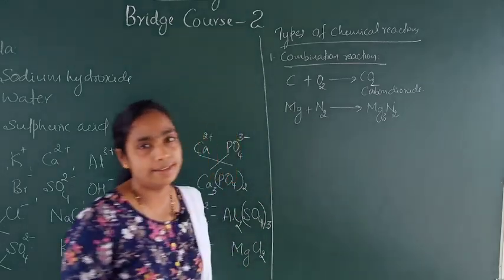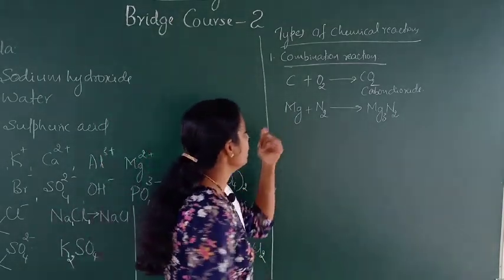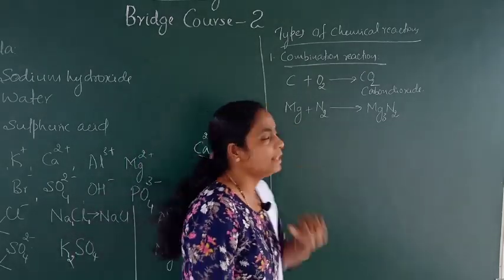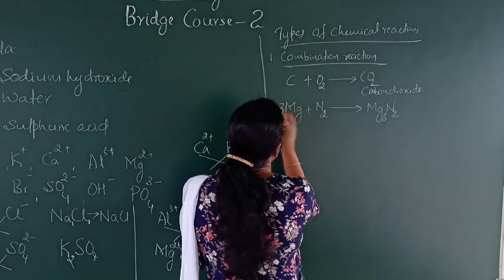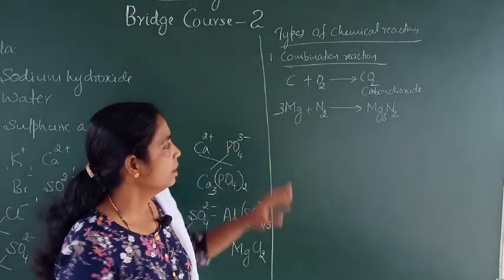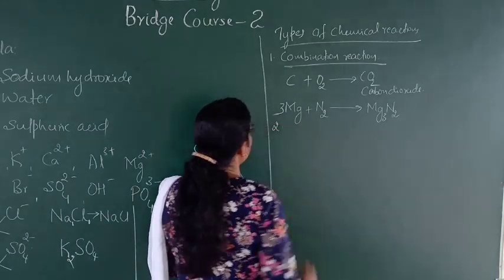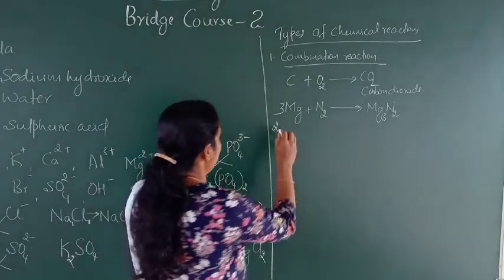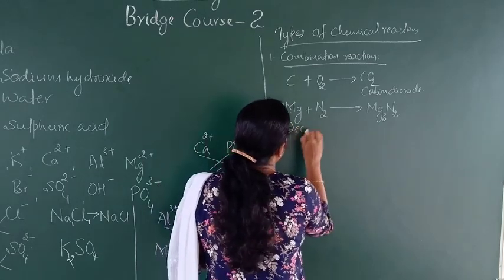Now we have to balance this equation. It is very important. In the inorganic reaction, without balancing the reaction, you will not get any marks. So for balancing, we have to write 3Mg. This is the example for combination reaction. You studied this, please recall. Next, decomposition reaction.